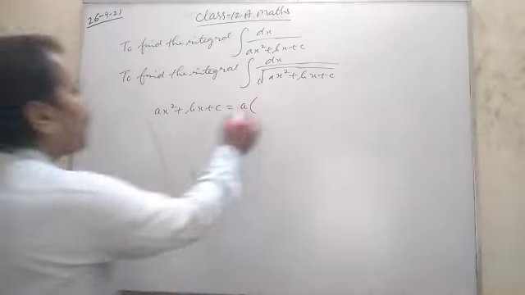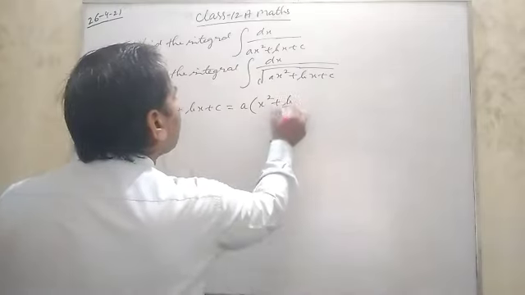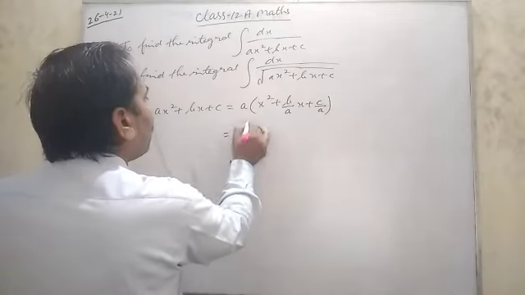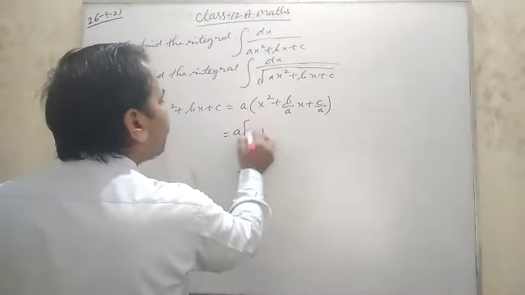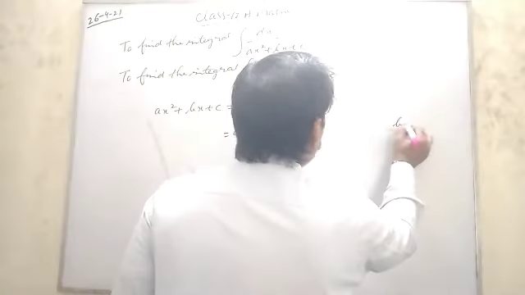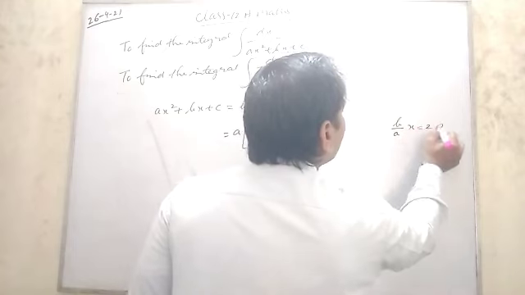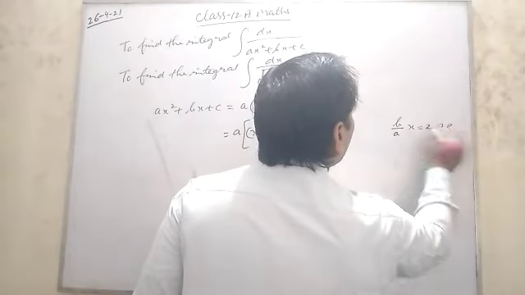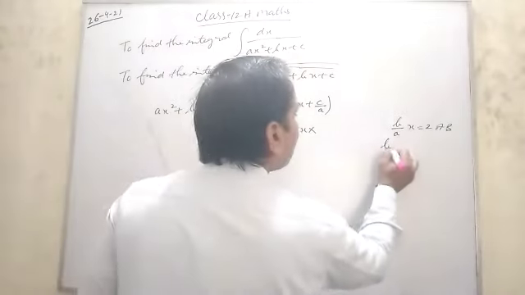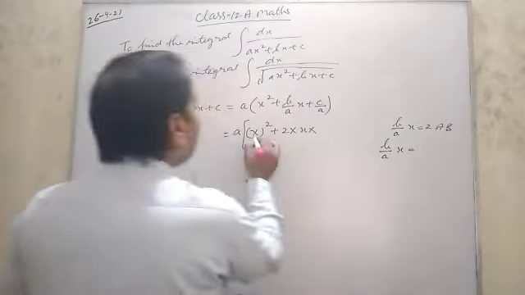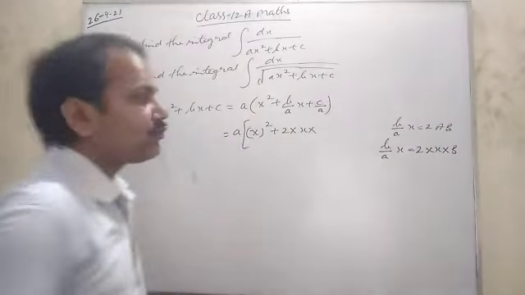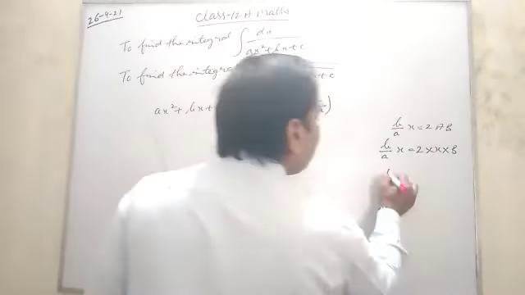So take a common, then x square plus b upon a into x plus c upon a. So a square plus 2ab, so you find it, means 2ab is equal to b upon a into x. Then find a, means in place of a you put x, then b. So find the b value.